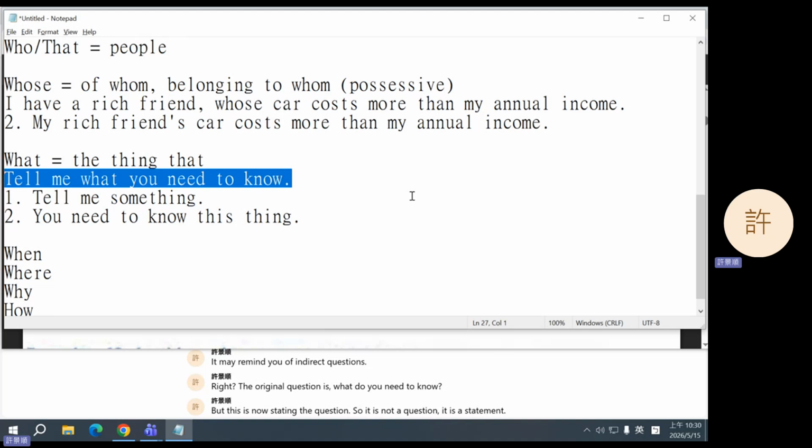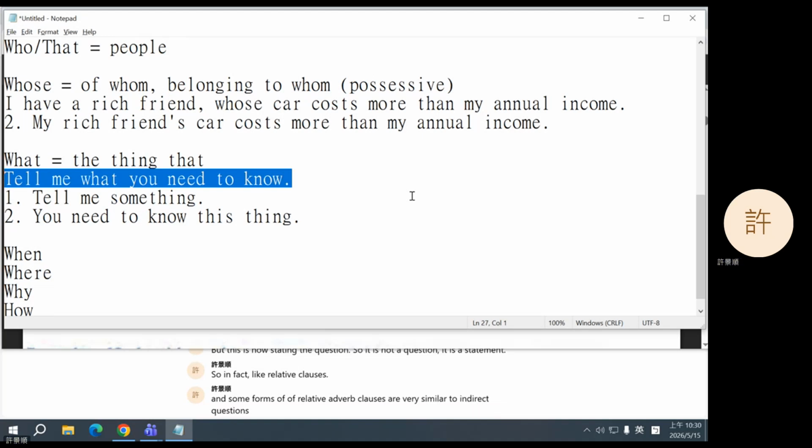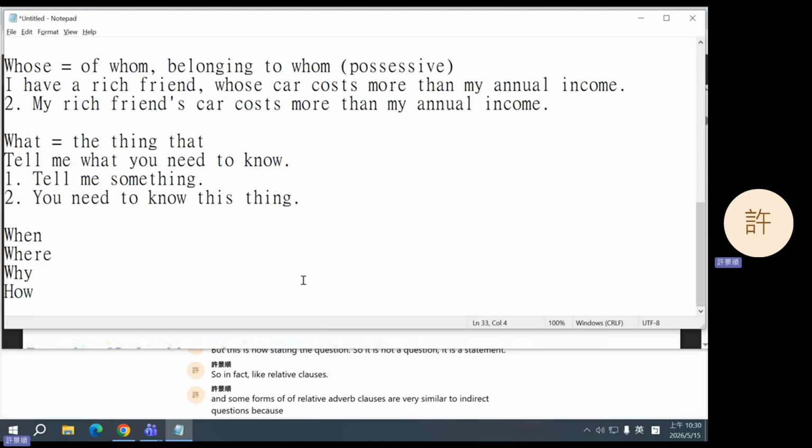So in fact, relative clauses and some forms of relative adverb clauses are very similar to indirect questions, because both kinds of sentences are using question words to give information.